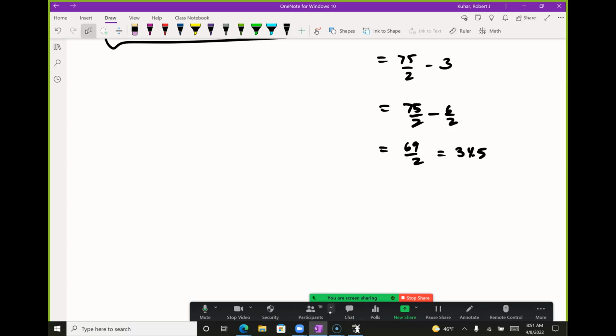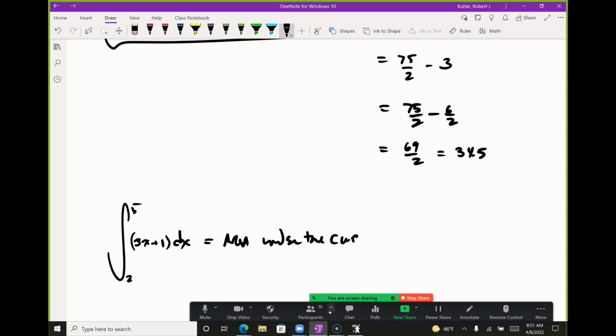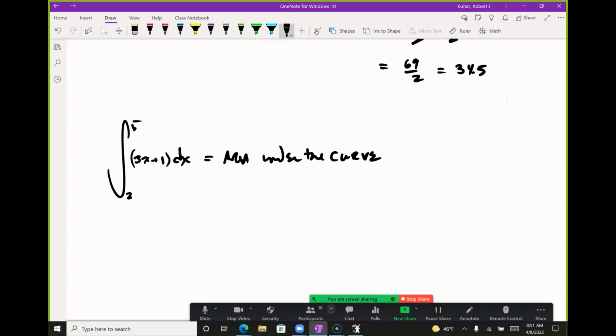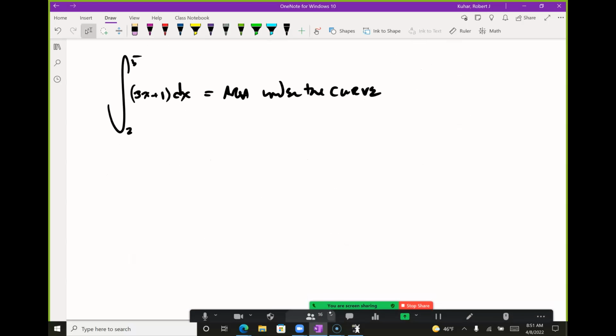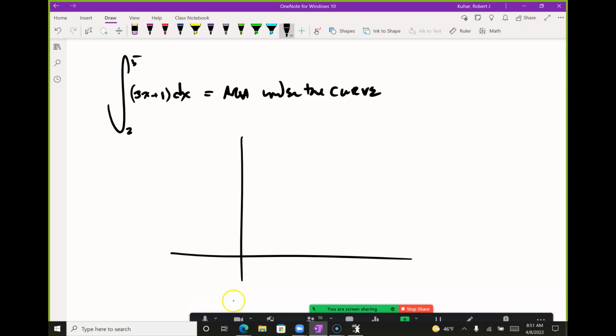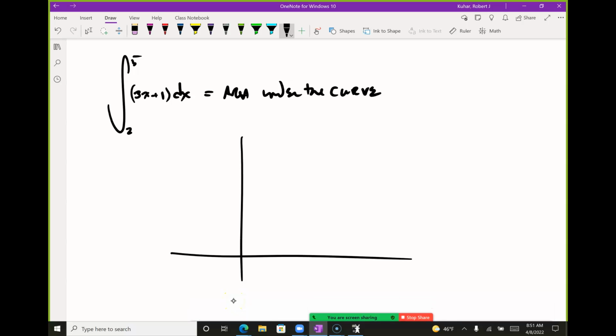So looking at that picture, the integral from 2 to 5 of 3x plus 1 with respect to x, this is the area under the curve. By the way, under what curve? The curve of 3x plus 1? Yes, the derivative's curve.